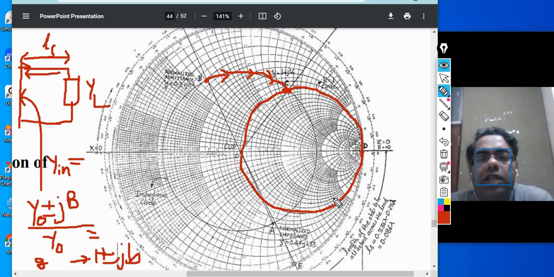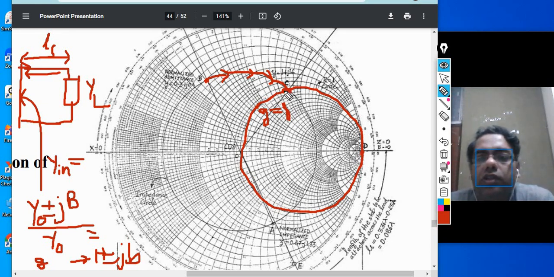This circle that I have shown, this is g equal to 1 circle. So this point we have to come. So we are traveling along constant impedance circle to this point.